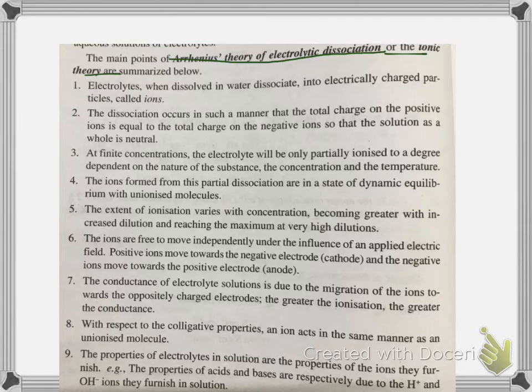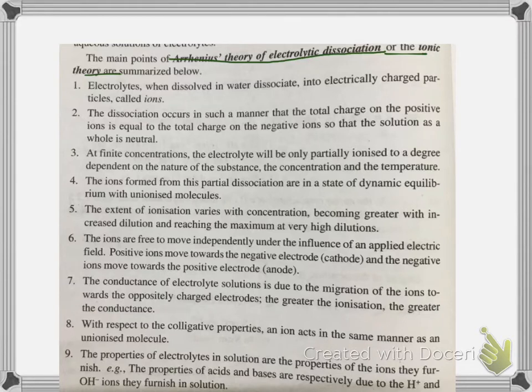He mainly observed that electrolytic solutions conduct electricity and can exhibit abnormally high colligative properties. Actually, you have studied colligative properties in the chapter on solutions. Anyway, we have to go through the postulates one by one.